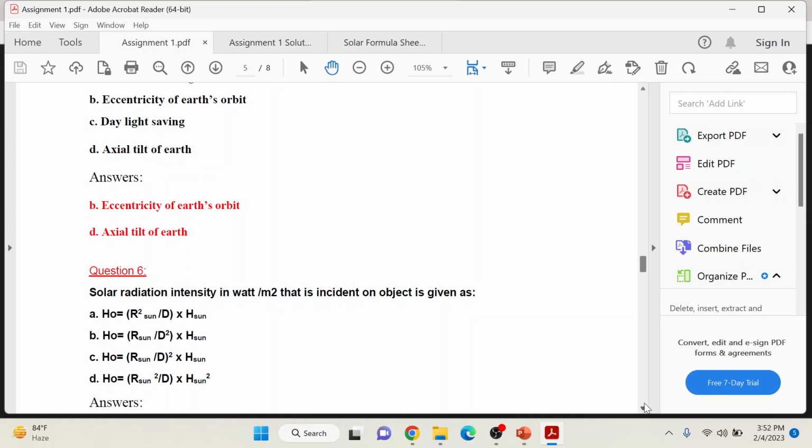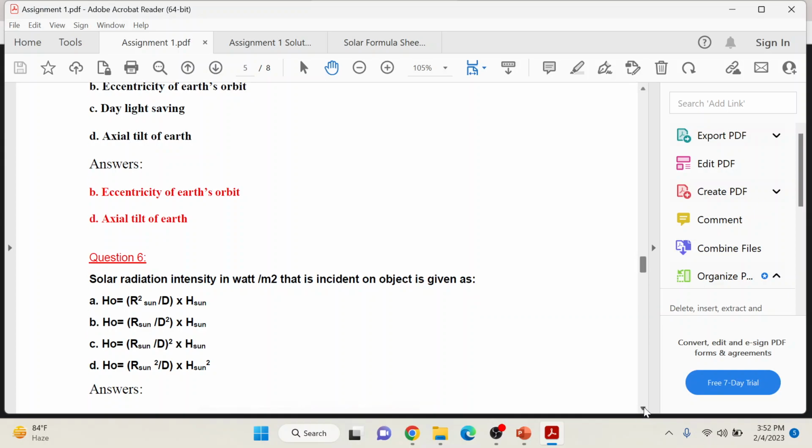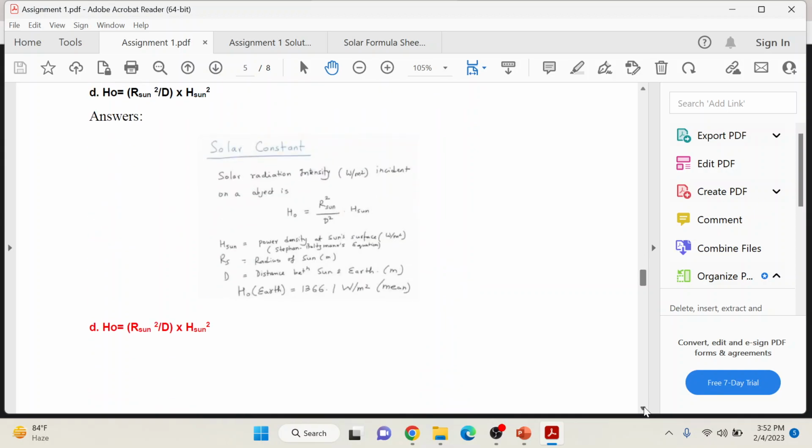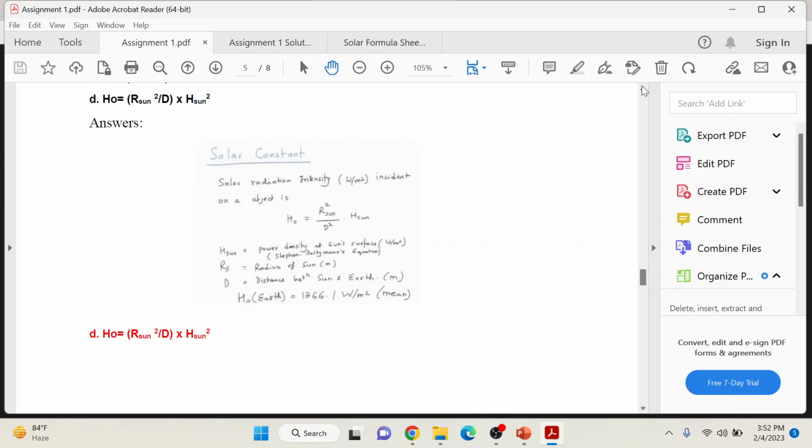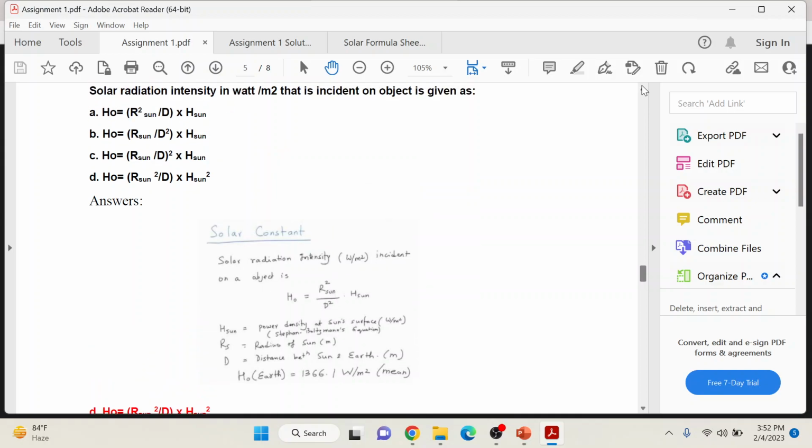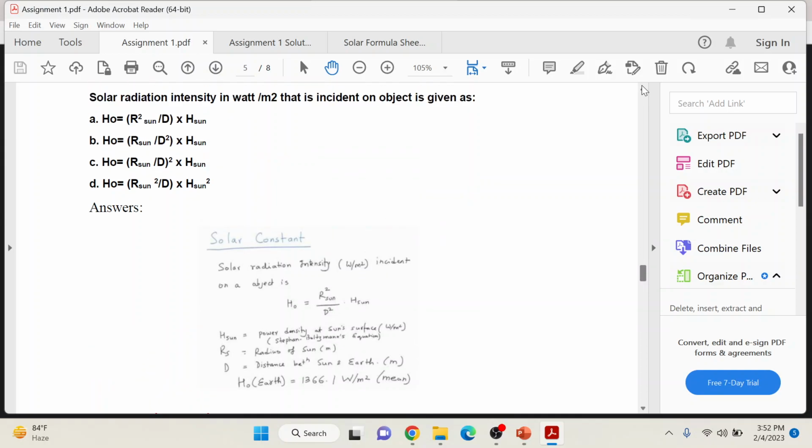Actually, if you figure out the problem, this was what sir taught in the class, right? Sir taught that H naught equals R square by D square into H sun.